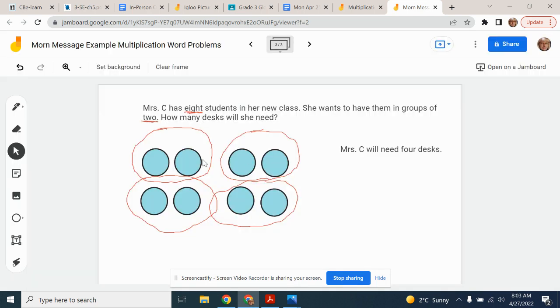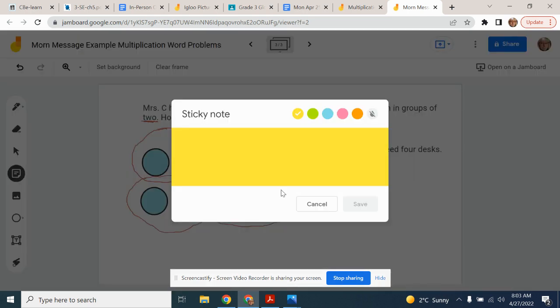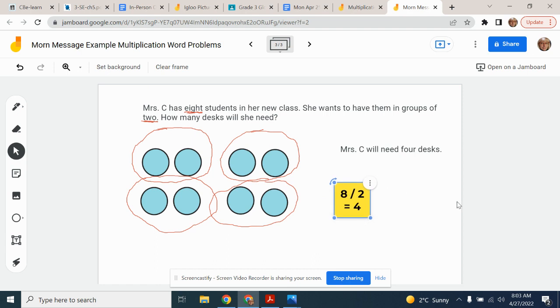What was the question? 8 divided by 2. Now, there's no divided by on your keyboard unless you're on an iPad. So we just use this slash, which is right underneath the question mark. That means divided by. 8 divided by 2 equals 4. And there we go. We've got everything answered now.